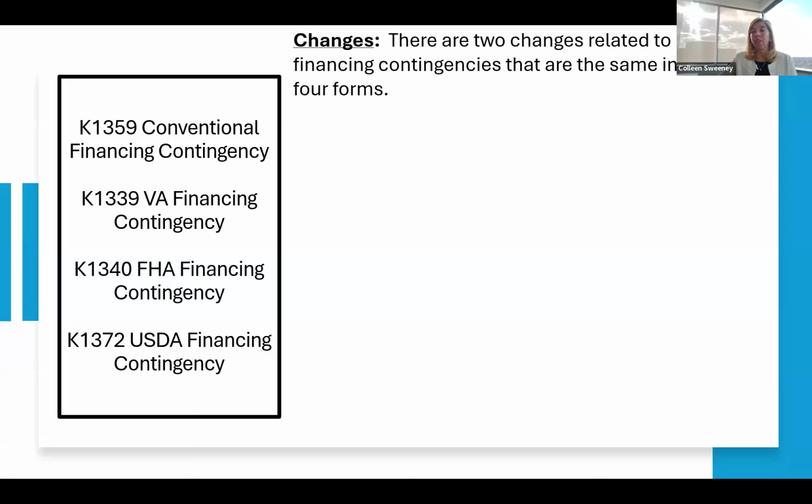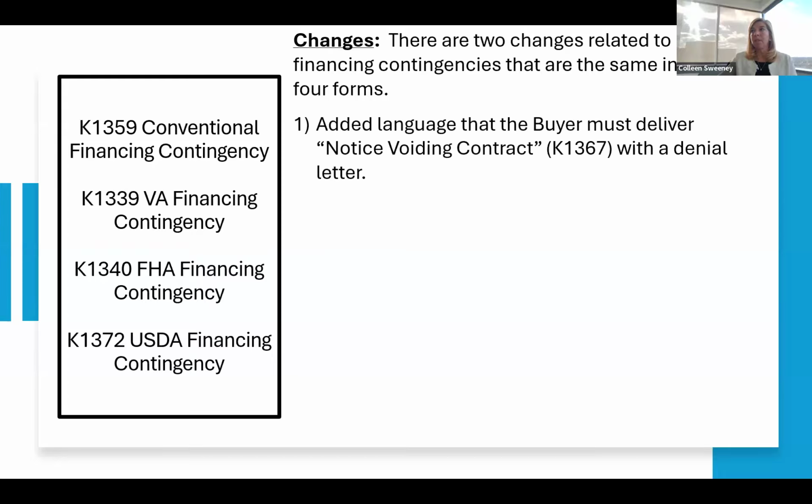There are really two changes related to the financing contingencies that are the same in all four forms. Number one, added language that the buyer must deliver notice voiding contract, K1367, with a denial letter.